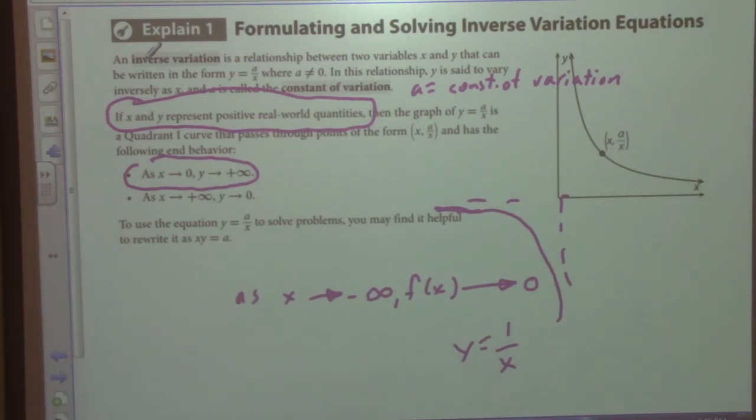So what's going to happen in our examination of this, it's going to be the same type of transformations we were looking at for other functions we looked at. Okay.